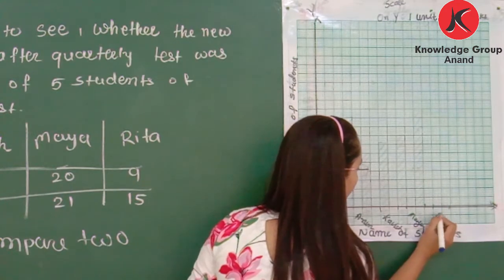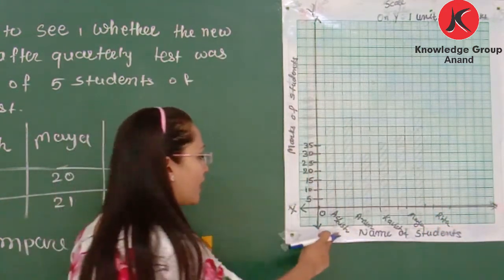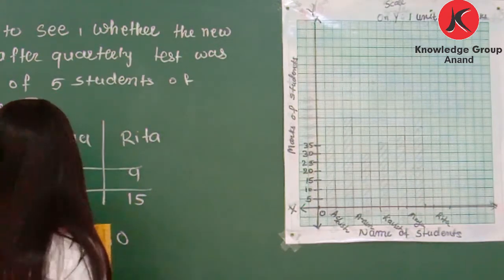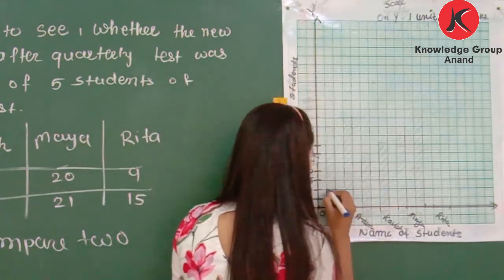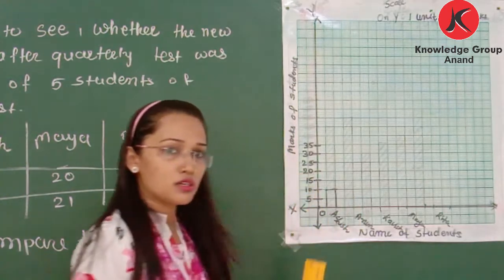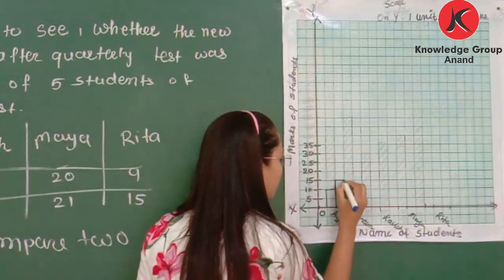And so now let's draw for Ashish in quarterly marks and half yearly. So in quarterly marks, Ashish scored 10. So it will be like this. So this is marks for first, and half yearly is 15. So it will be here.